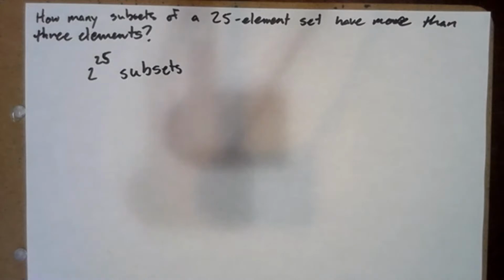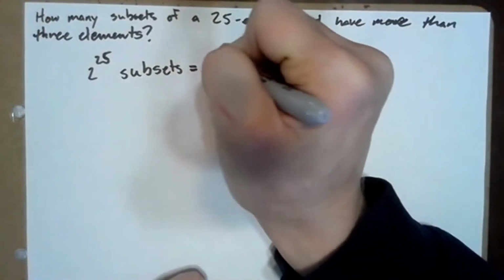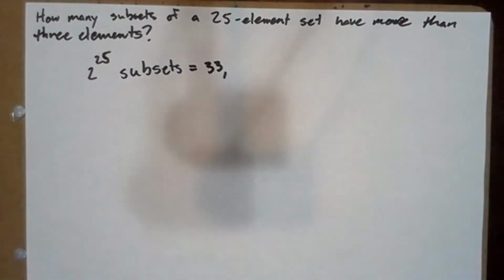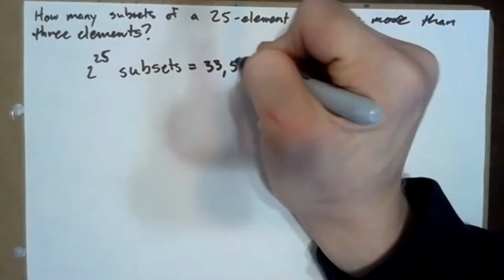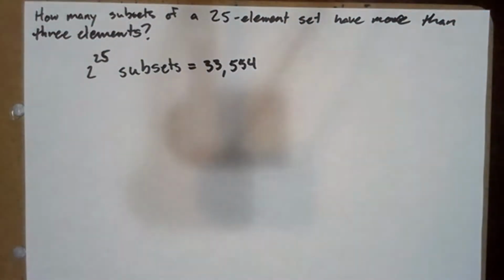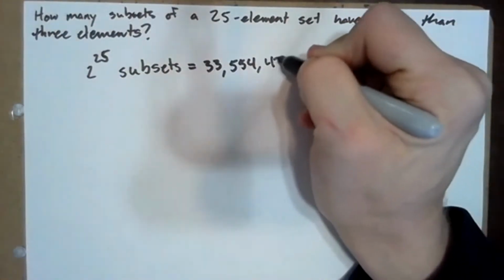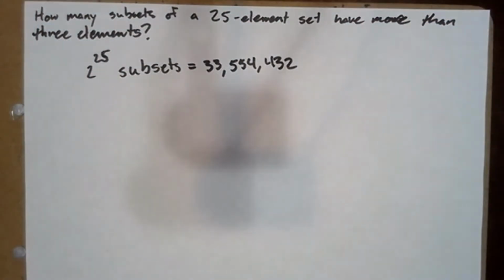Breakfast of Champions. That number is 33,554,432. That's a lot of subsets.